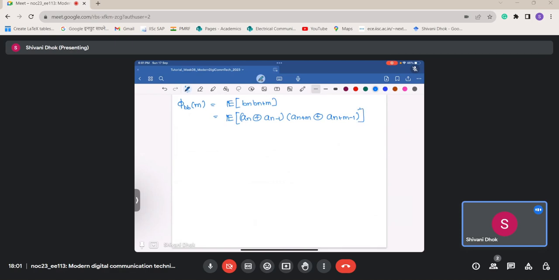Okay, now under what circumstances will this bn depend on bn plus m? So the question that we need to ask is, for what values of m not equal to 0, bn and bn plus m are dependent.